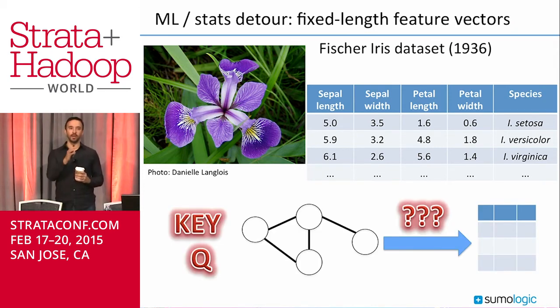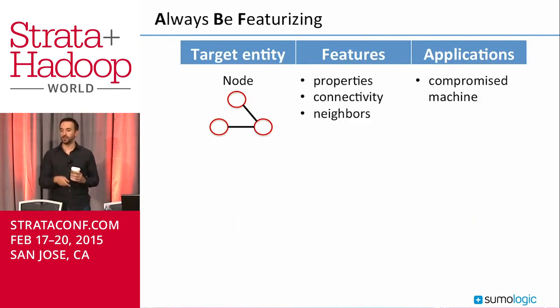How can I transform my graph, being some representation of the actual phenomena of interest, these calls, these user actions, anything that has this graphical nature, into this fixed length feature vector representation, such that we can treat it with these classic statistical machine learning and modeling approaches? This is the featurizing idea. So how can we transform different kinds of graphs and different entities within graphs into features? And again, I'm going to be focusing on machine log data examples because that's my interest.